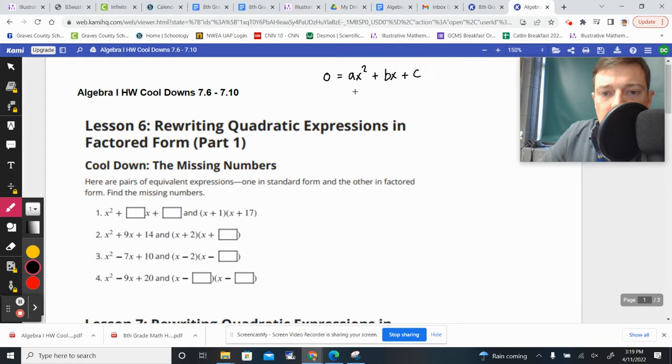Whenever we have the factored form looking like, let's say, x plus m and x plus n, we're noticing that if we multiply the m and the n, we'll get the constant. And if we add the m and the n, we'll get the linear term.